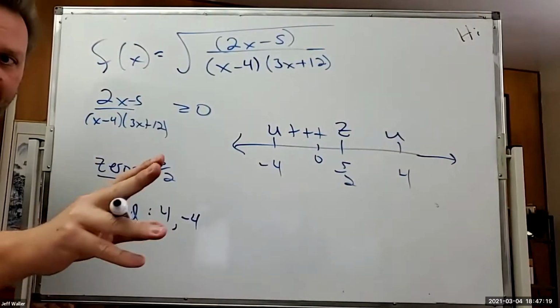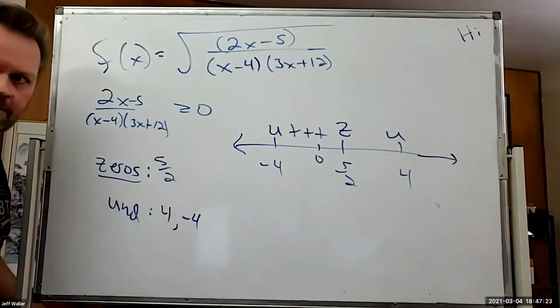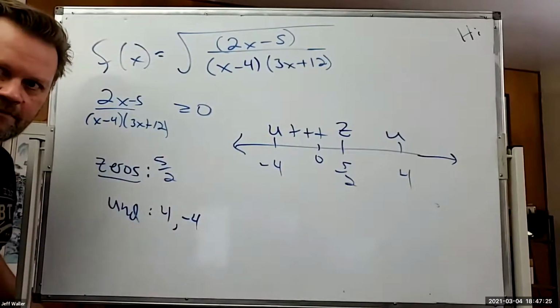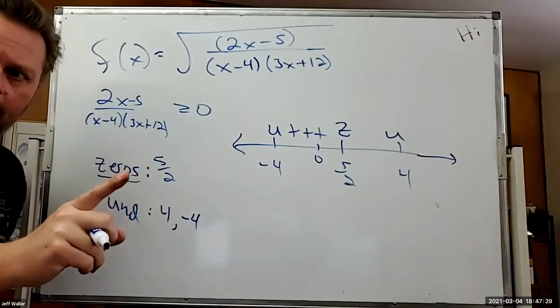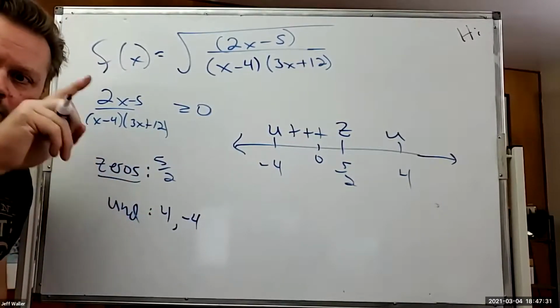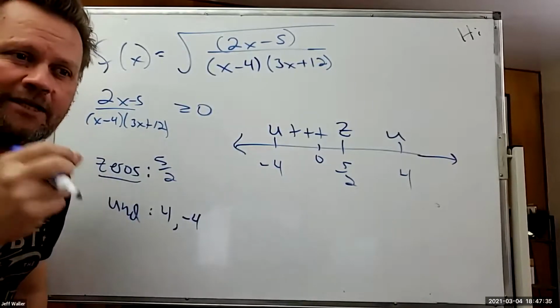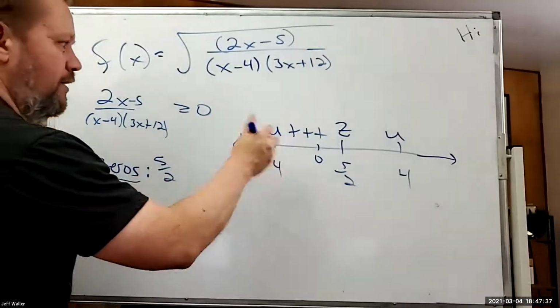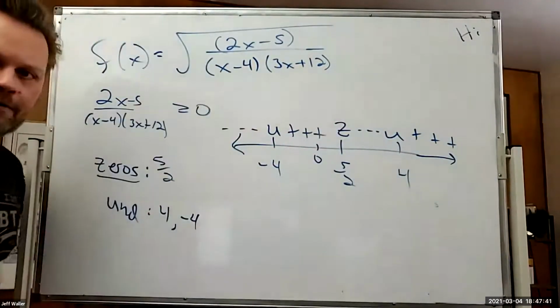Now get ready. What are the multiplicities of each of these? 1. The multiplicity is 1. It's odd. So don't they go through? And another way to say that is they change sign. So watch. I know that's negative. I know that's negative. I know that's positive because they change sign around each thing.